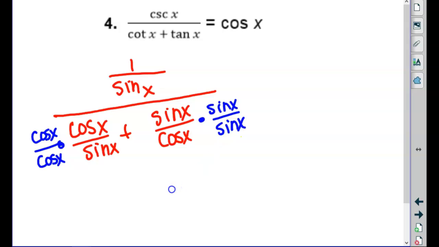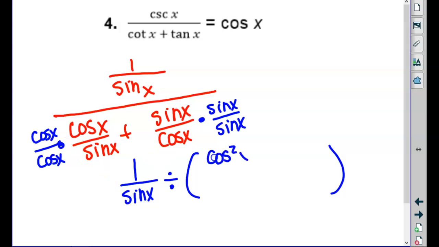I'm sorry, that is so crooked. So the top is still 1 over sine x, which is being divided by the bottom. What happened to the bottom? Cosine squared plus sine squared all over cosine sine. Okay, the top was a cosine squared plus a sine squared, and in the denominator, we have a cosine and a sine.